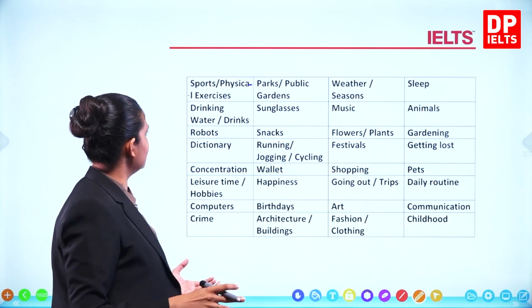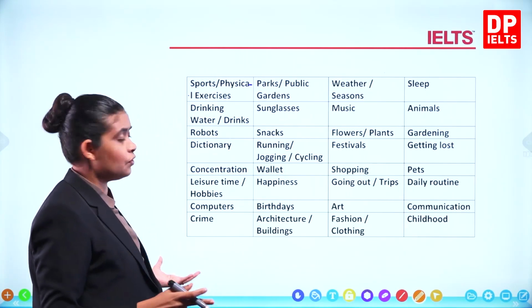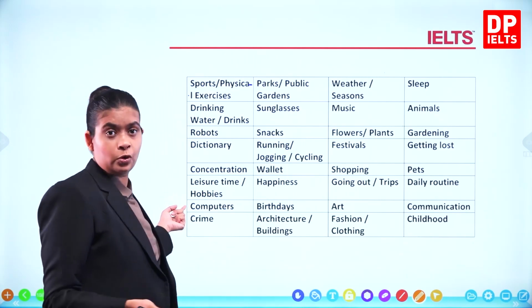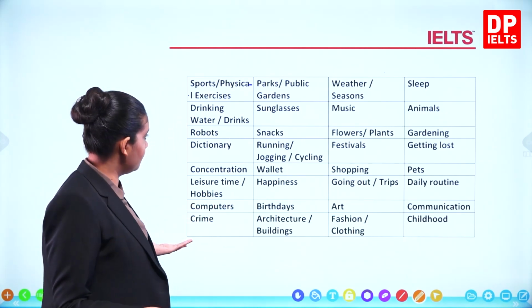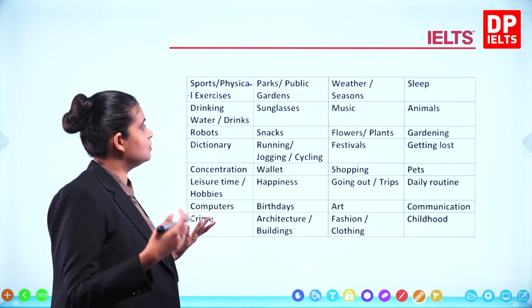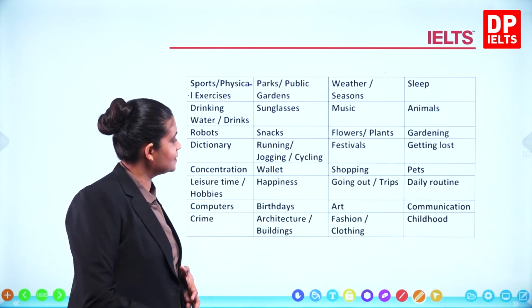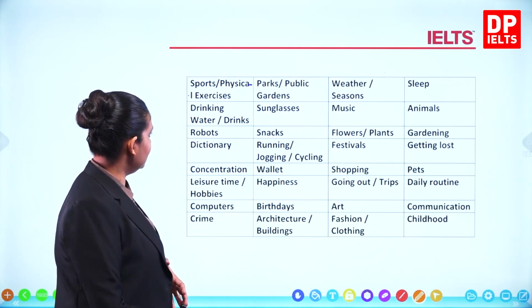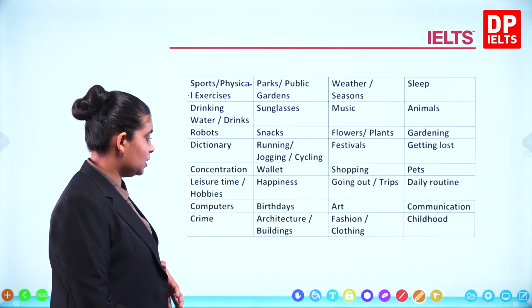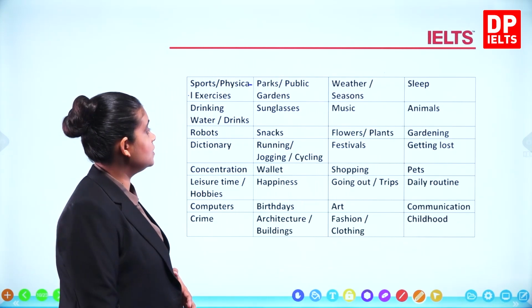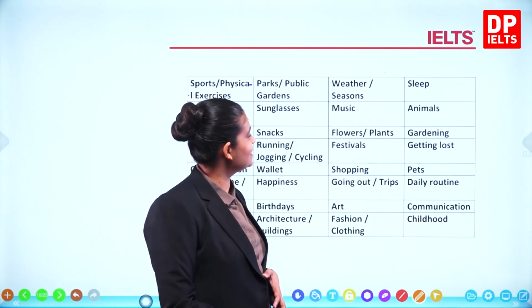Sports, physical exercise, drinking, water, drinks, robots, dictionary, concentration, leisure time or hobbies, computer, crime, about gardens or parks, sunglasses, snacks, running, jogging or cycling, wallet, happiness, birthdays, about maybe architecture or buildings, weather or seasons, music, right?